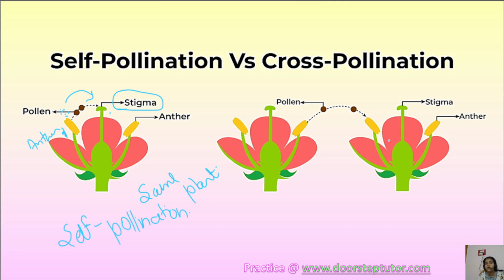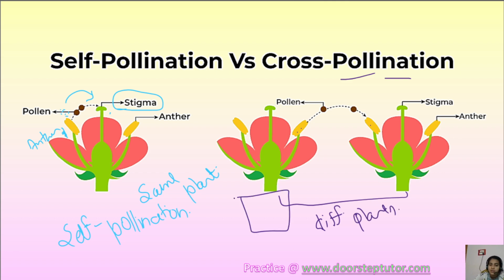Now have a look at this one. In case of cross pollination, the pollen grains are transferred from one flower to another flower, and remember these are not located on the same plant. These are different flowers on different plants.